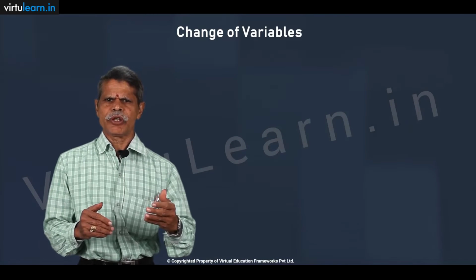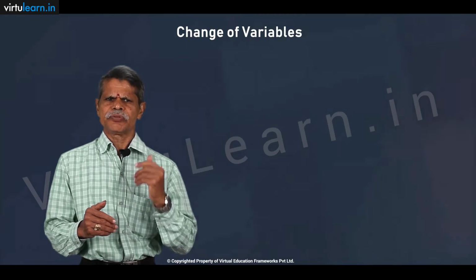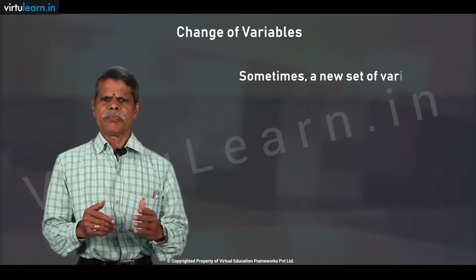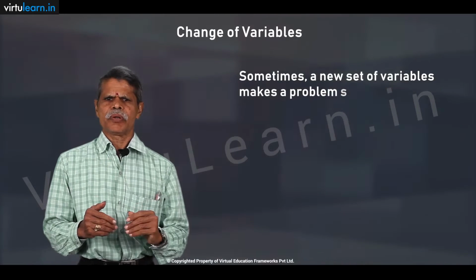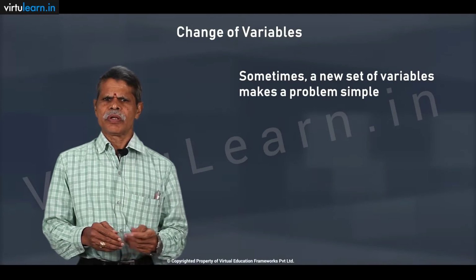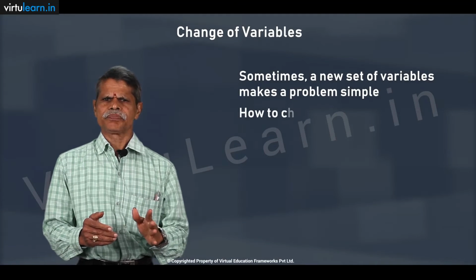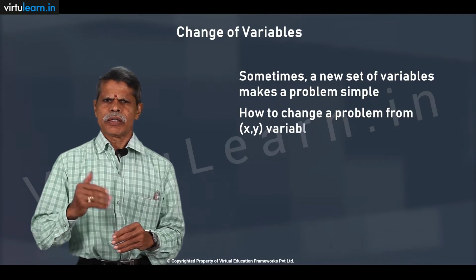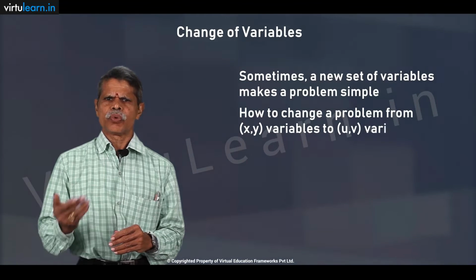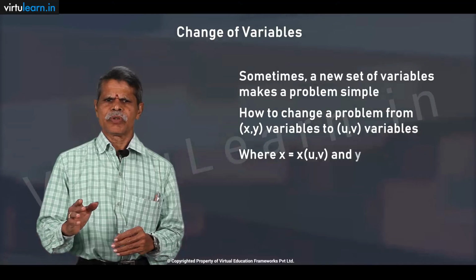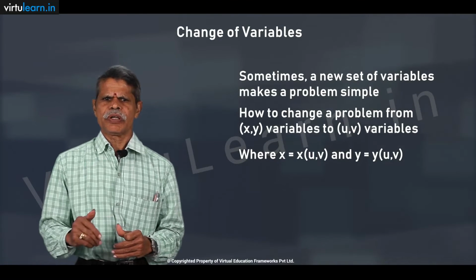So, change of variables. Why shall we think of change of variables? Sometimes a new set of variables makes a problem simple. That means evaluation of the integral also may become simple. Let us see how to convert from a coordinate system x, y to another coordinate system u, v. Let x be a function of u, v, and y be a function of u, v.